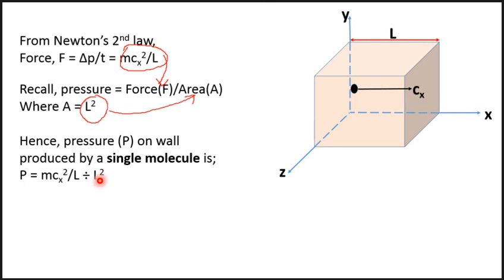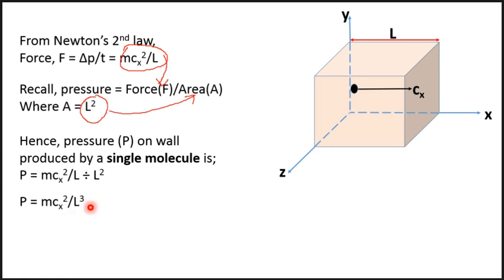If we do our arithmetic very well right here, this over this divided by this will give me P equals mcs square over L cube. That is L times L square, because division will change to times, and so it will now become the inverse of L square, which is 1 over L square, and L square will multiply L to give me L cube, and 1 will multiply the whole of this to still give me back that.